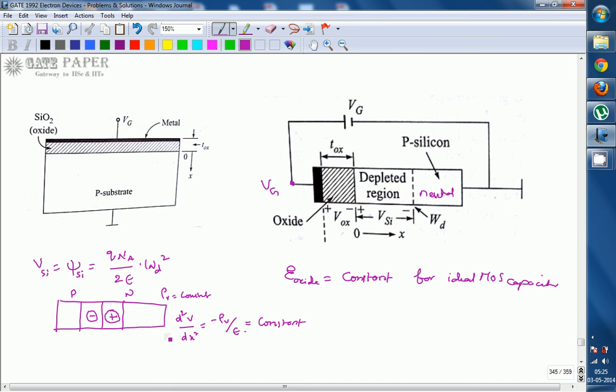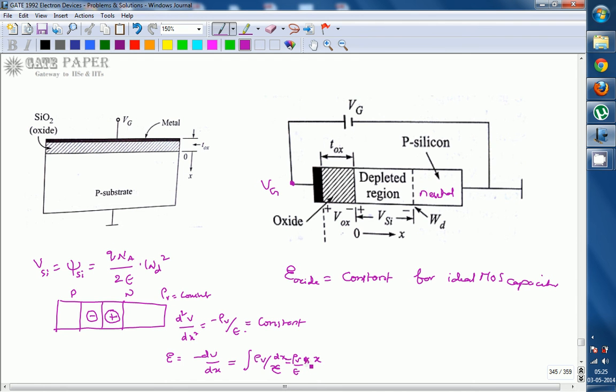And the electric field is E equal to minus dv by dx, which is simply the integral of rho v by epsilon. The integration of the constant rho v with respect to dx gives rho v by epsilon into x.